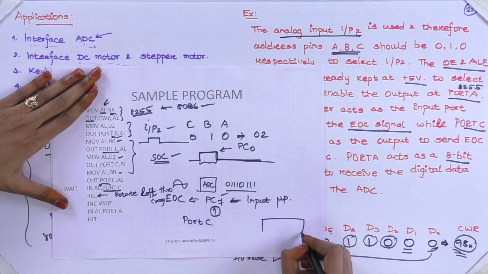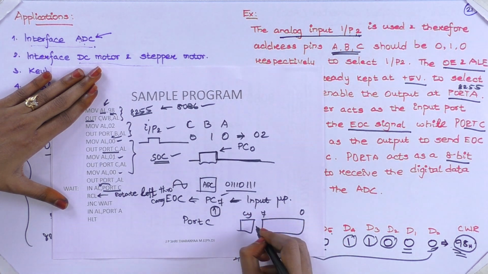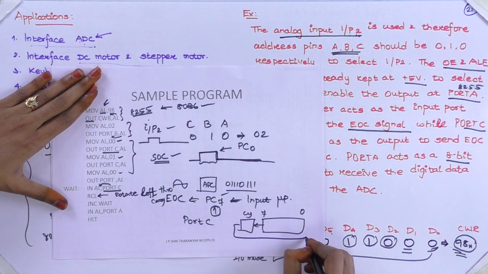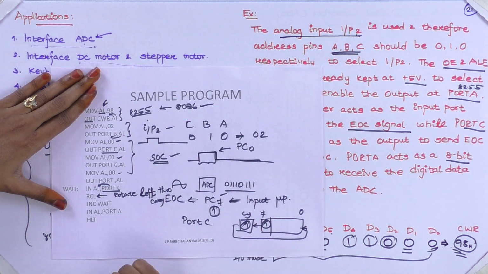If this is your 8-bit signal and this is your carry, it will rotate the signal like this. For example, if the 7th bit is 1, when you rotate, your carry will also become 1.